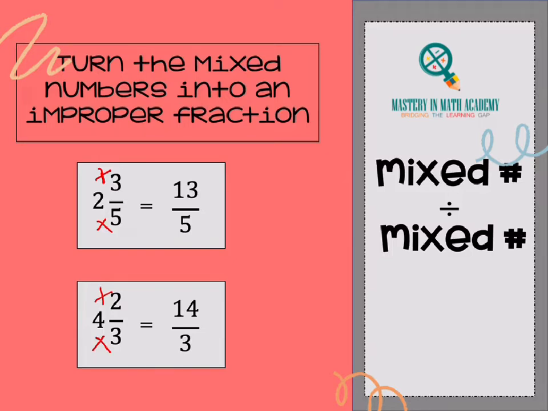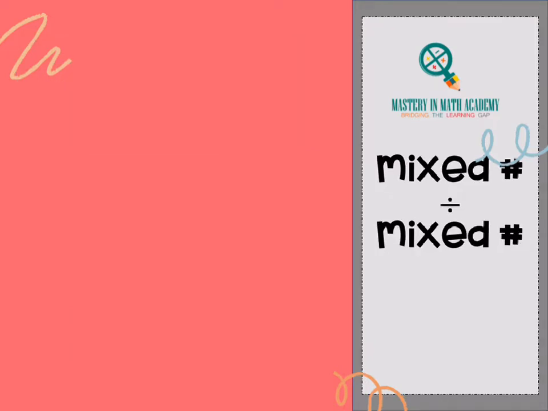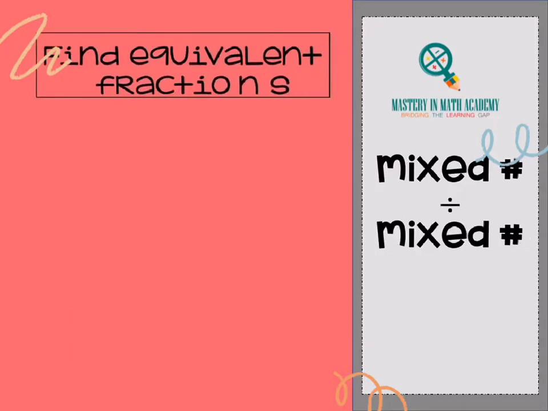And notice that you have two fractions, but still keep in mind that your denominators are different. We already know when our denominators are different that we need to find equivalent fractions. So you have 13/5, and then you also have 14/3. You need to find equivalent fractions for those.